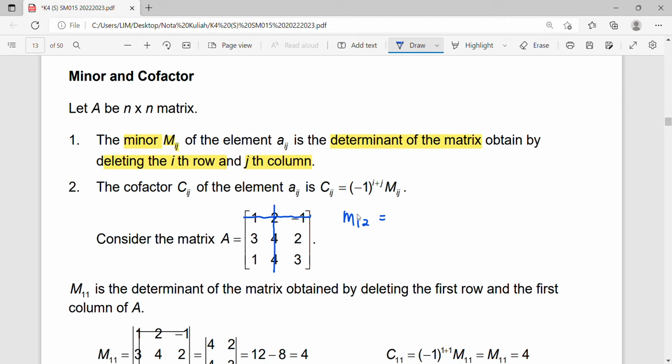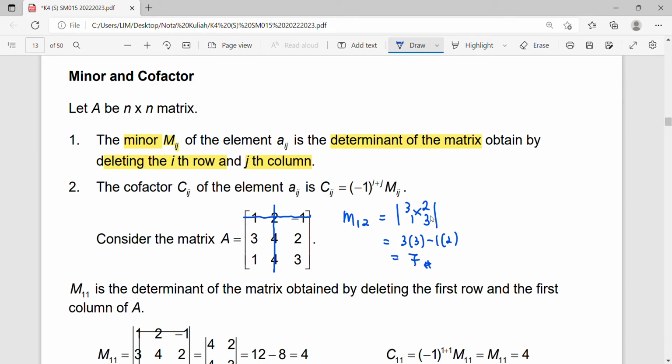The determinant of that matrix, determinant of 3, 2, 1, 3. So this is how you do minor. Deleting the row, for the remaining elements we do the determinant. A 2 by 2 determinant is obtained by AD minus BC. So this is the meaning of minor.